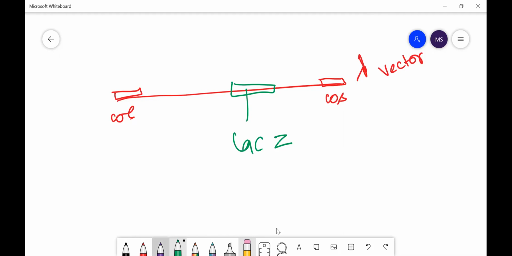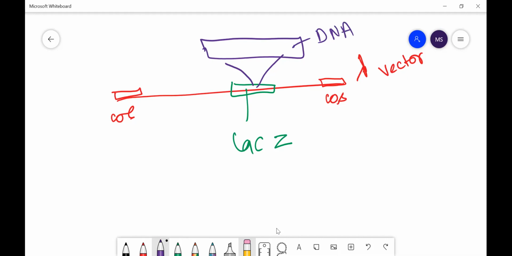So at this position, suppose your DNA insert gets inserted.